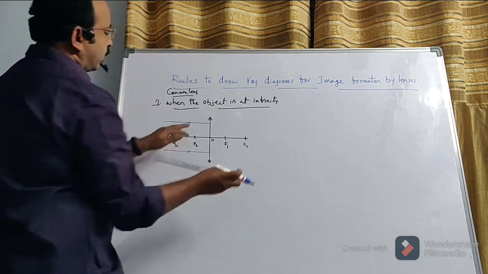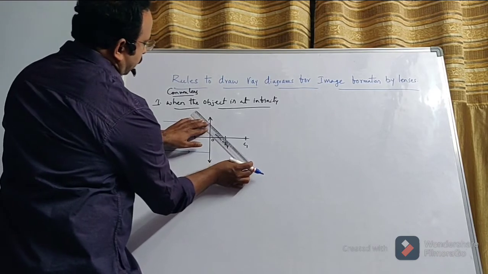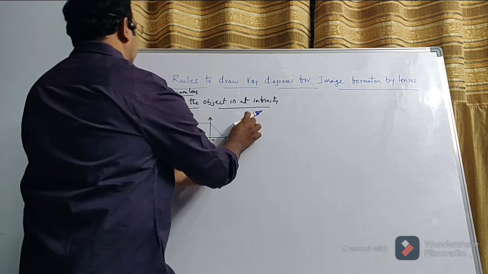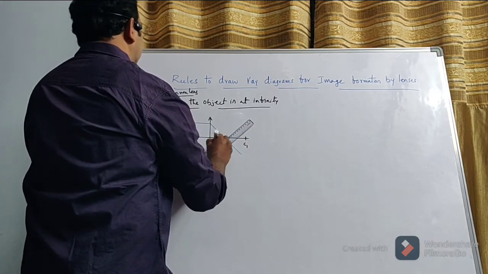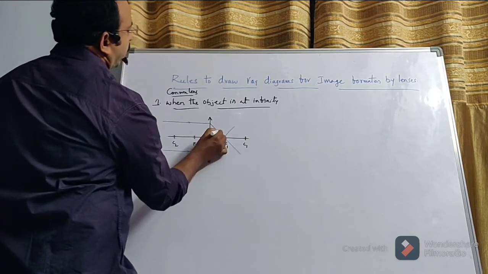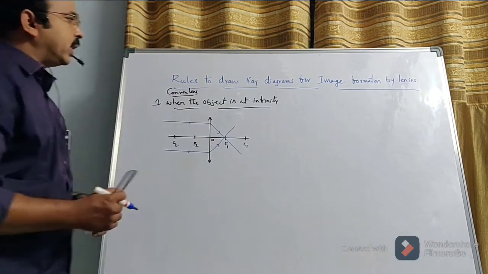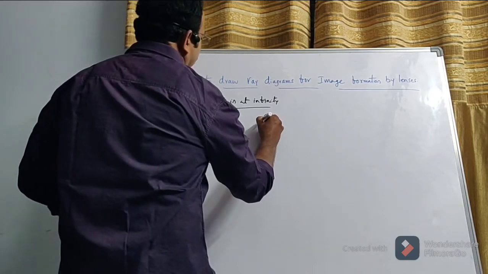After refraction, these 2 light rays will meet at this point. So these two light rays are meeting at the focus point. So when the object is at infinity, the image is formed.